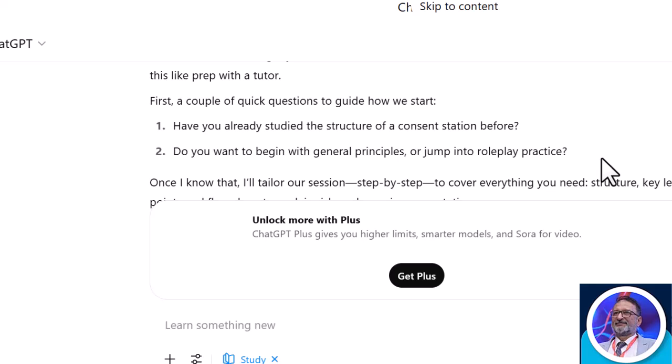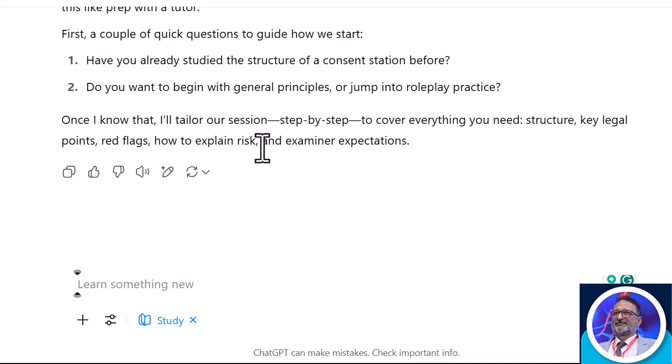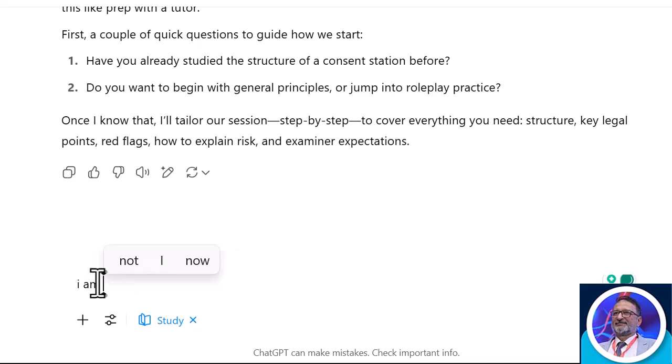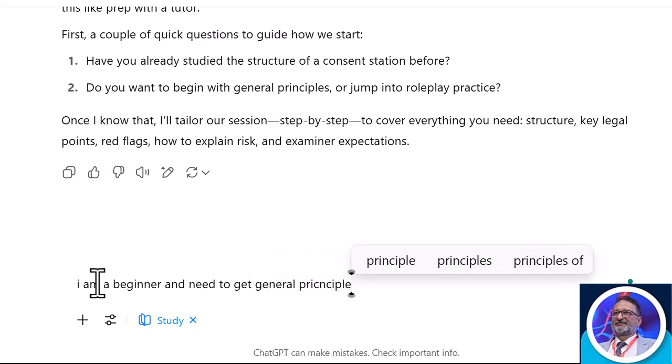You can either start by knowing a bit of information and then do a role play, where it will act like a patient, for example, consent for hernia. Let us say I am a beginner and need to get general principles first.